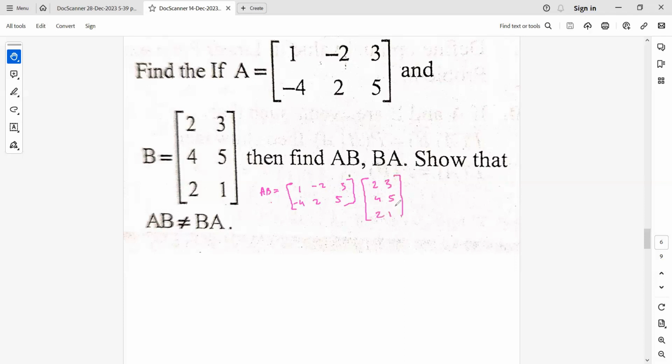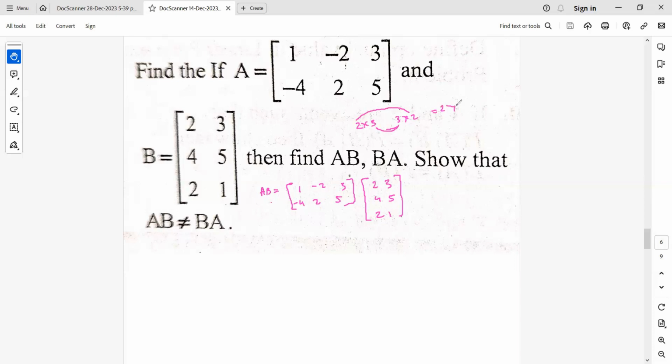Again we first use the CR rule. What is the order of matrix A? The order of matrix A is 2 cross 3, and the order of matrix B is 3 cross 2. So here 3 is equal to 3, so the product is possible, and the new matrix will have order 2 cross 2.